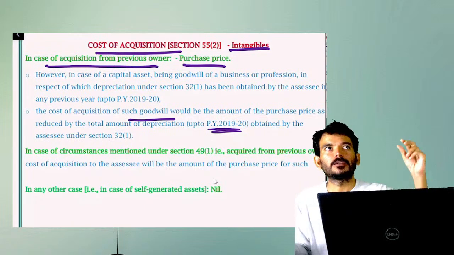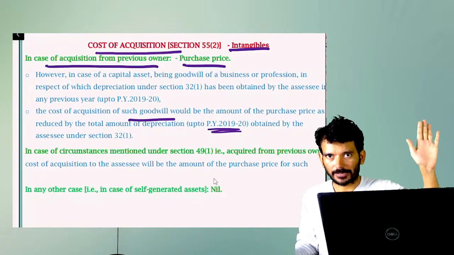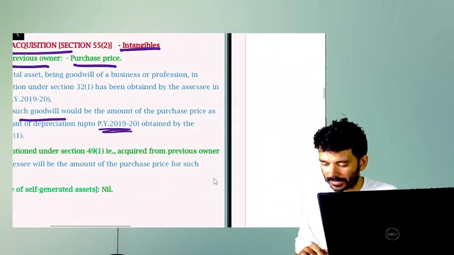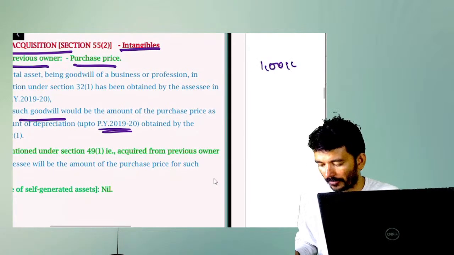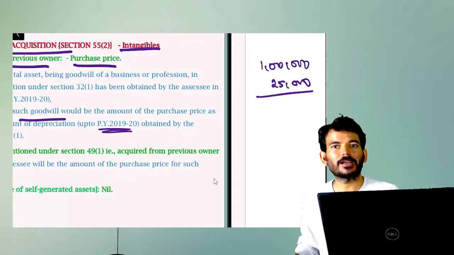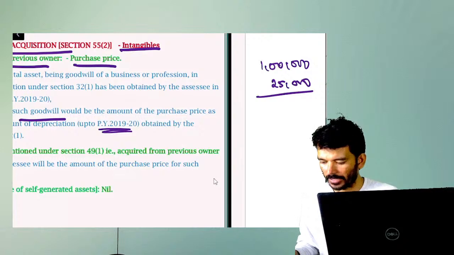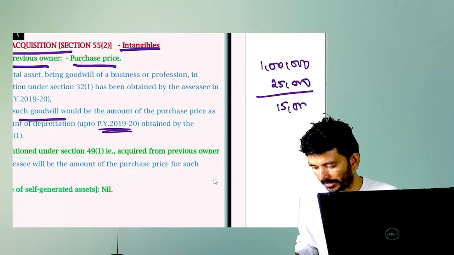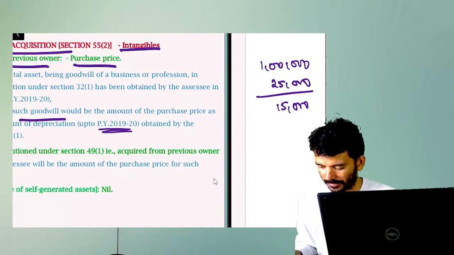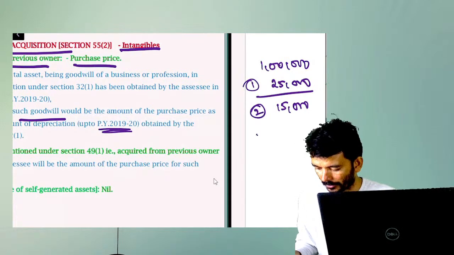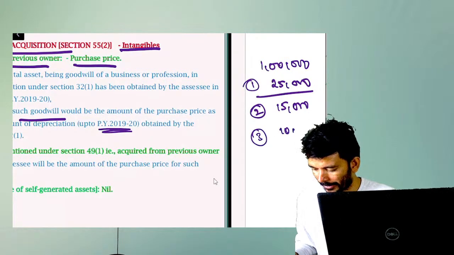Suppose you bought it 3 years back for 1 lakh. I'll take random numbers. First year you charged 25,000, so it will be 75,000. Another 15,000 next year. Don't go with the numbers, it's just a calculation. Second year 15,000, third year 10,000.